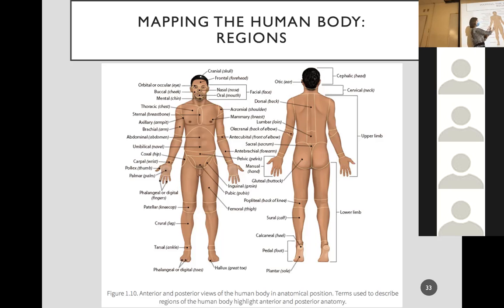On either side of the pubic region is what's called the inguinal or the groin region. Inguinal is often tough to remember, but it'll come back up when you're learning the muscles and the bones of the pelvis. So pubic and then inguinal on either side. And then the hip area is called the coxal region, C-O-X-A-L.